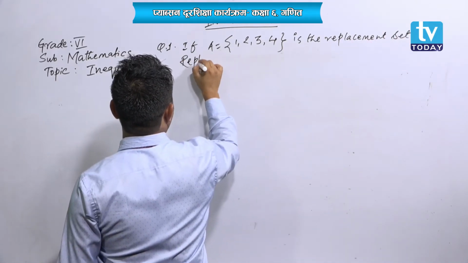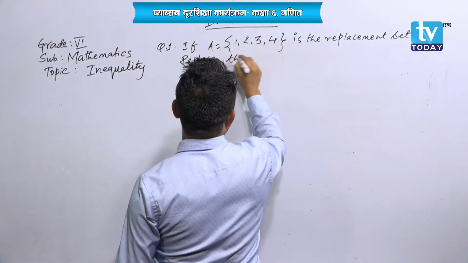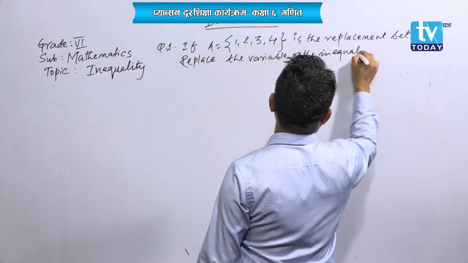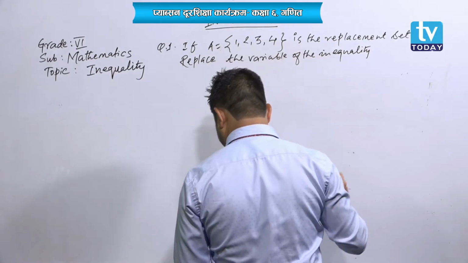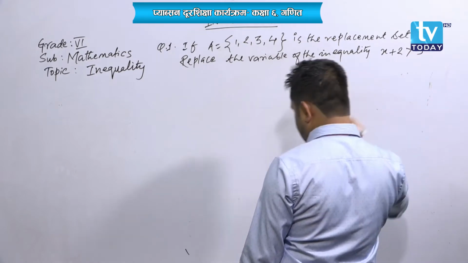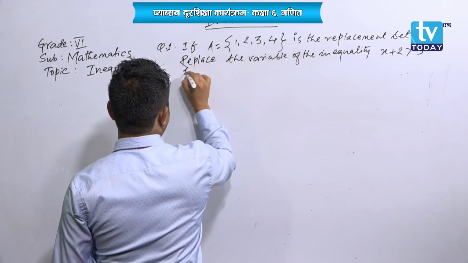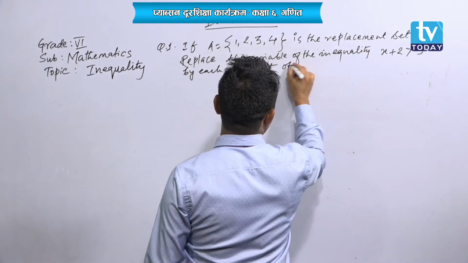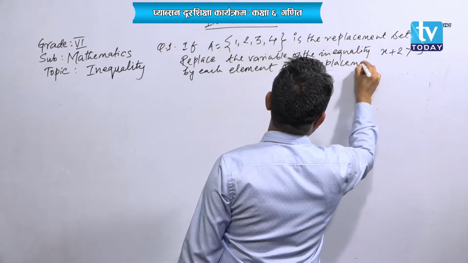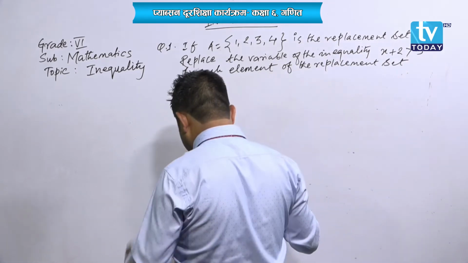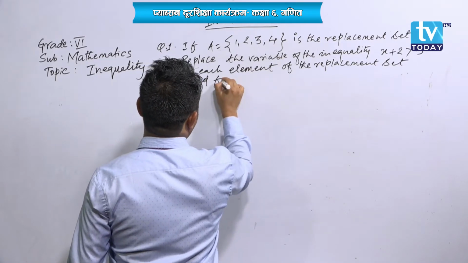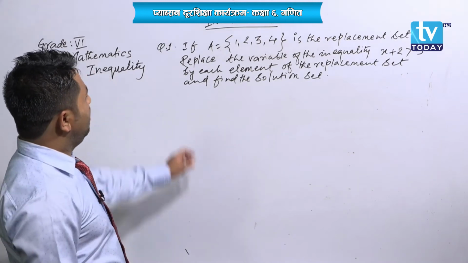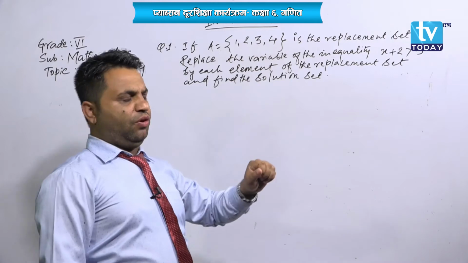Replace the variable of the inequality x plus 2 greater than 3 by each element of the replacement set, and find the solution set. Is that clear?